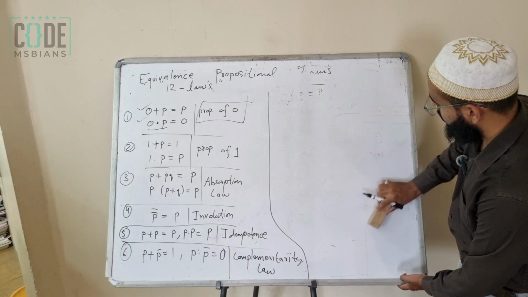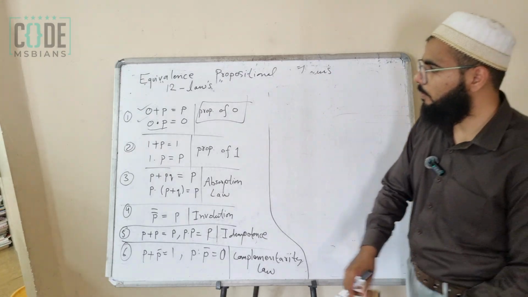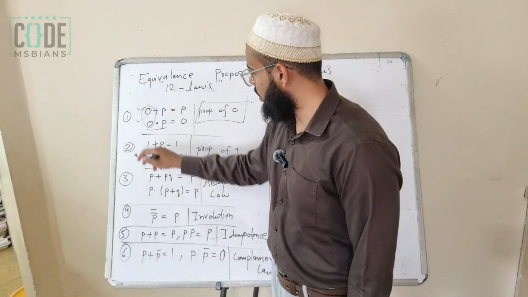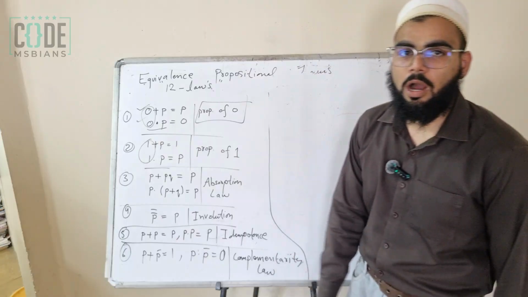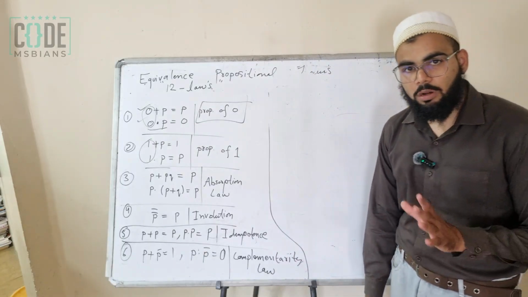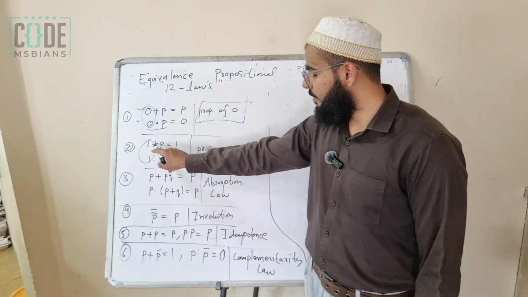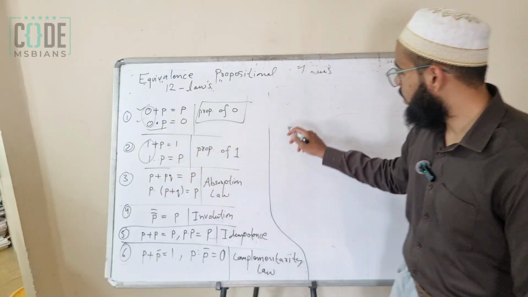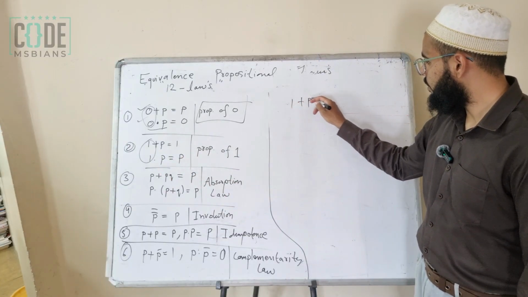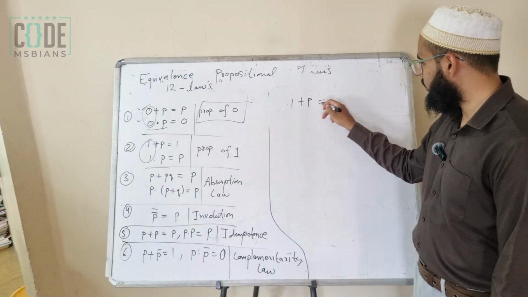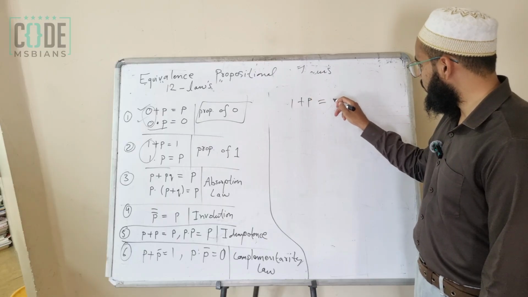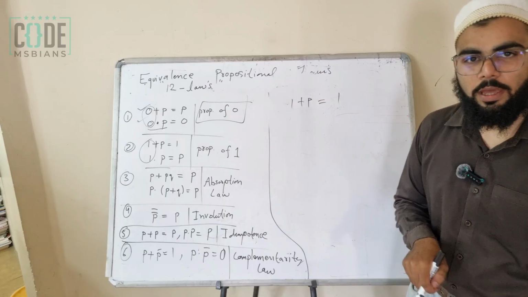Second one. Now properties of 1. We have seen the properties of 0, both are zeros. Now here both are 1. See what will happen when we OR 1 with a variable. Now 1 plus p, that is 1 OR p, will give you 1 only. Why?